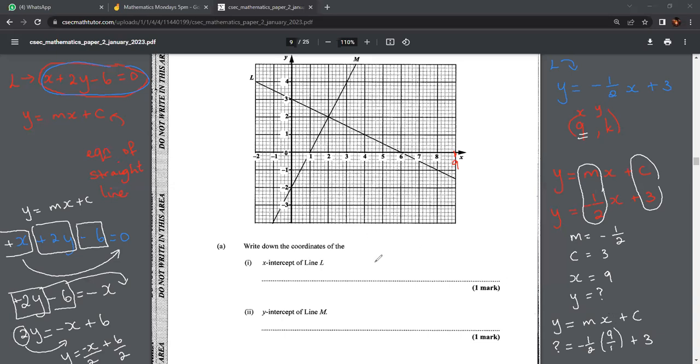So we substitute everything into it. Right, I'm coming back here so you could see it. So y is equal to -1/2 times 9 plus 3. BODMAS tells me I have to multiply first.